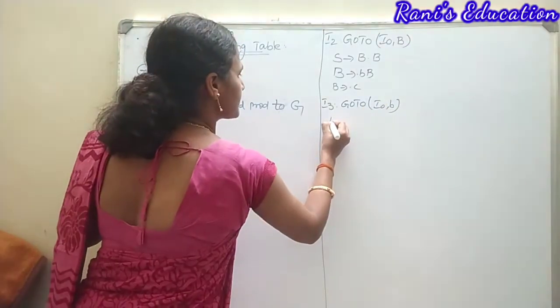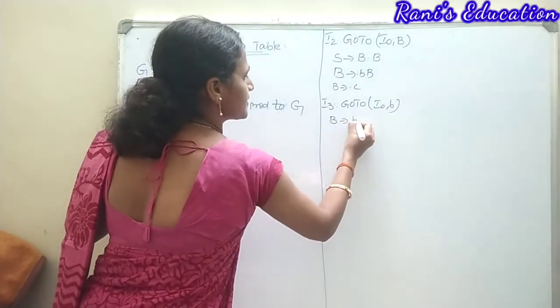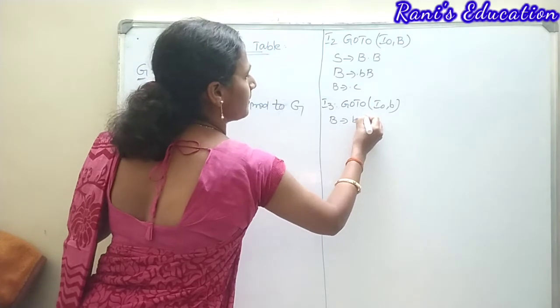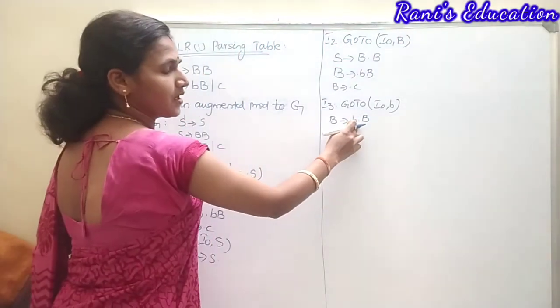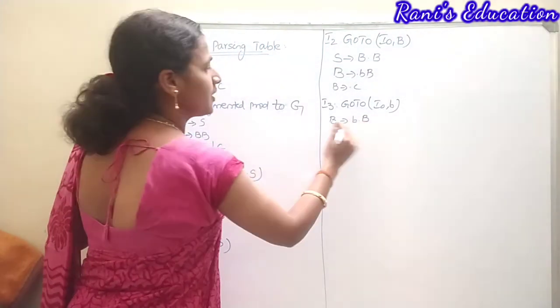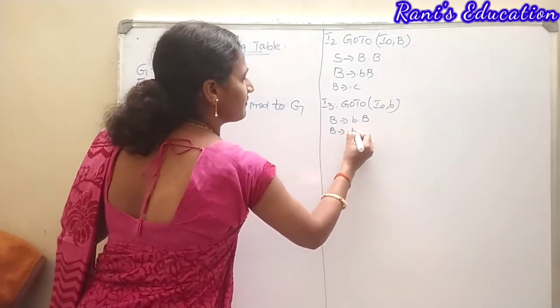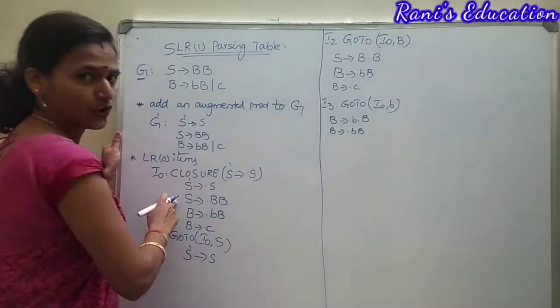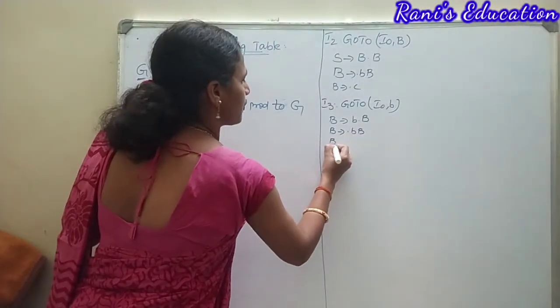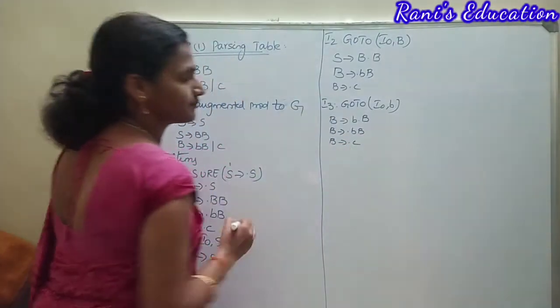Now the production becomes B derives terminal b dot B. So after placing the dot, we have a non-terminal B. So we are supposed to write its corresponding productions in the way we have defined in the I naught item. Right? That is what we are going to do here.